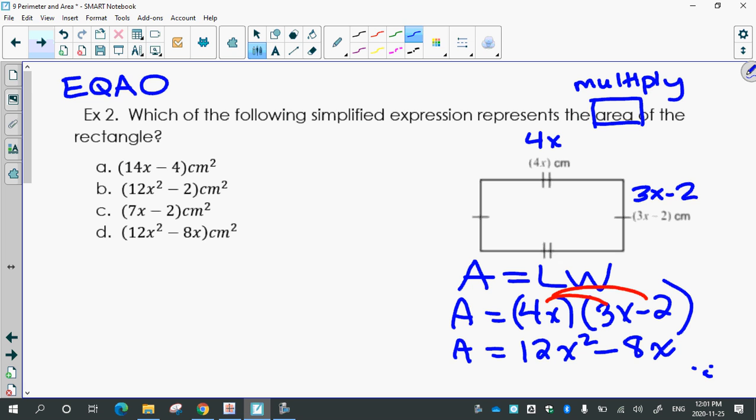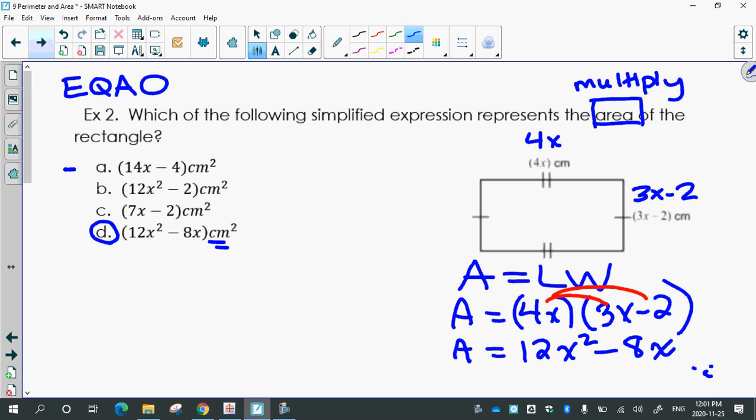Then I'm going to look through all these and see where mine is. It's at the bottom. And these are just units, so don't let them bother you. I'm sure one of these answers would be the perimeter. If I've added up all the sides, I would get 14x minus 4. They made that for you on purpose in case you added.